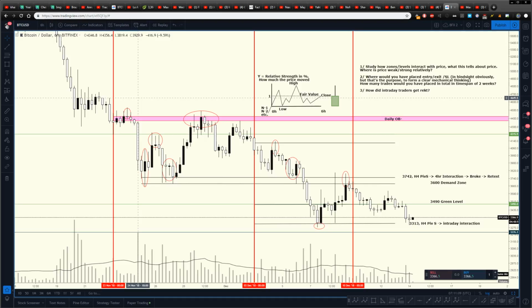So we compare it and try to give it context, because you can't just say this is a bearish candle. You have to compare it to what happened in the past. And this is how you give context or confirmation for the price.